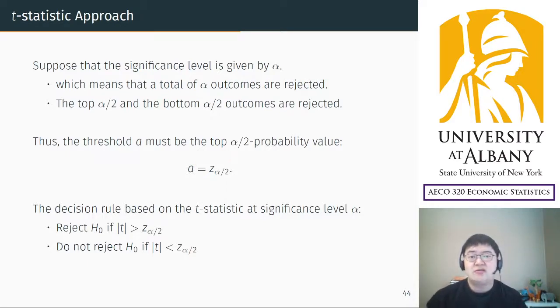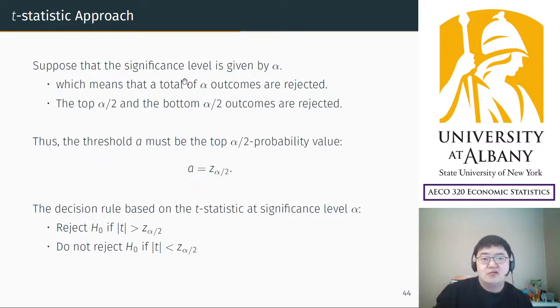And when I say the significance level is 1%, it means I'm going to reject the most suspicious 1% of outcomes. That's how I introduced the significance level in the first lecture of this part.